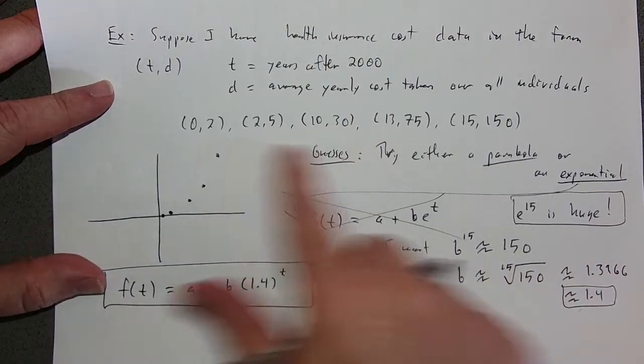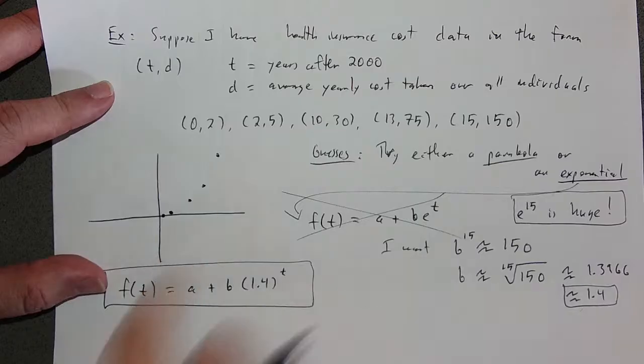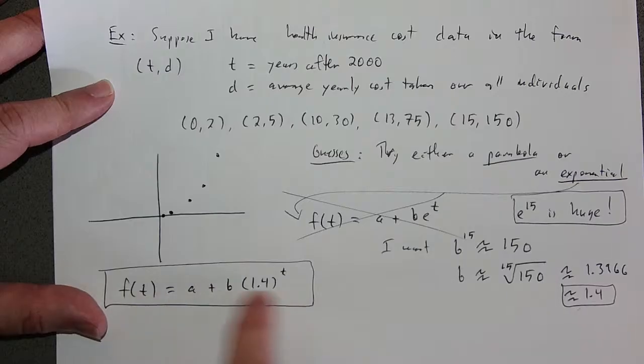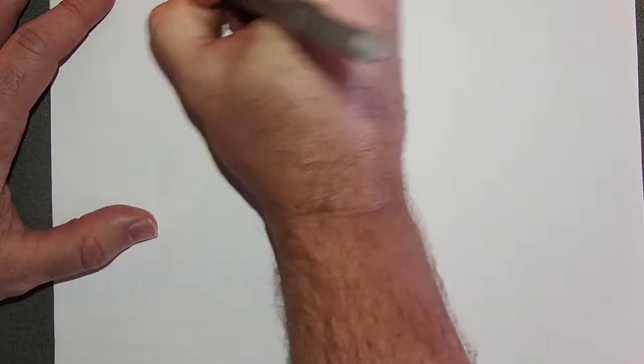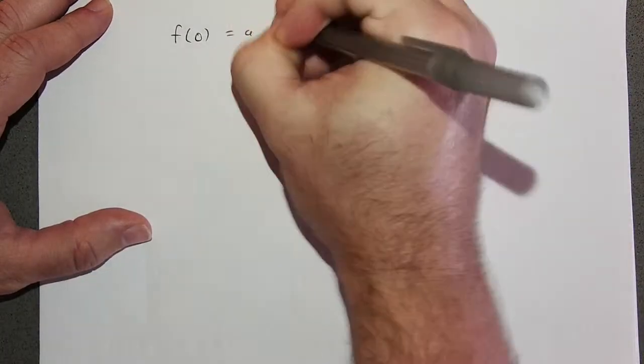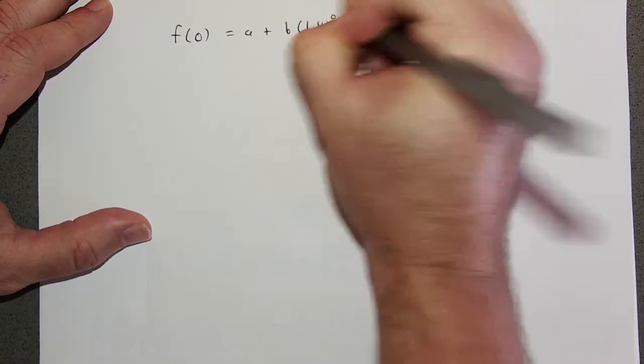Here's my data points. Here's my exponential guess. And so now I'm going to write out the 5 equations that I would get if all 5 of these points lied exactly on this thing. So what would those look like? I would have f of 0 would be a plus b times 1.4 to the 0.